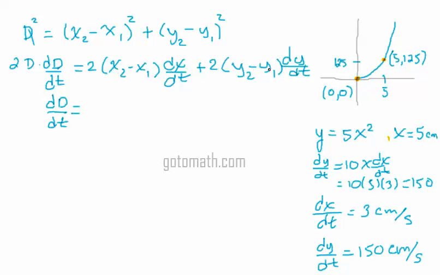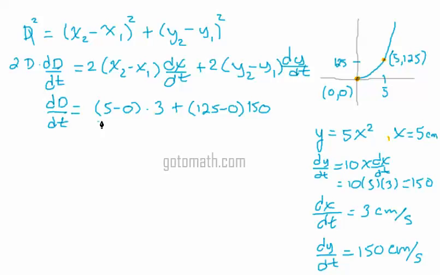Let's plug in everything we know. x of 2 minus x of 1, so this is going to be 5 minus 0, and then dx over dt, which they gave us as 3 centimeters per second, and then plus 125 minus 0, and then dy over dt is 150.